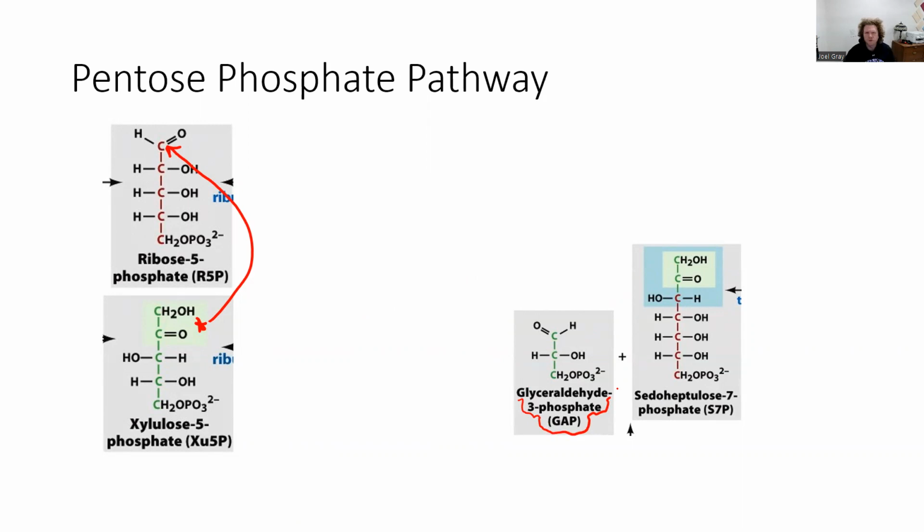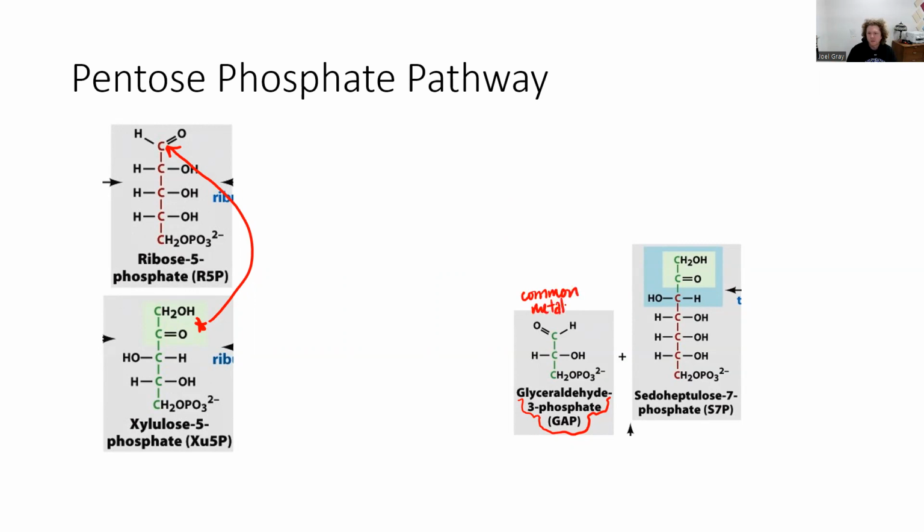Well, glyceraldehyde 3-phosphate, or GAP, or GA3P, is one of the products of the aldolase reaction in glycolysis, where you take fructose 1,6-bisphosphate and break it into 2 3-carbon molecules. One is dihydroxyacetone phosphate, and one is glyceraldehyde 3-phosphate. So, with that said, this is a common metabolite.